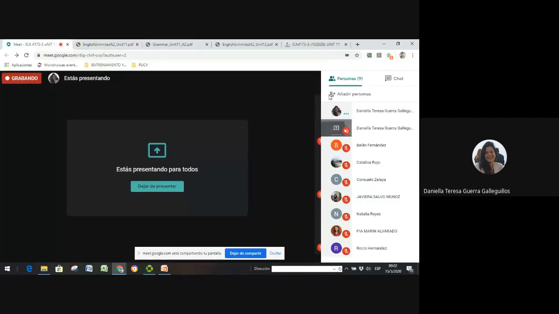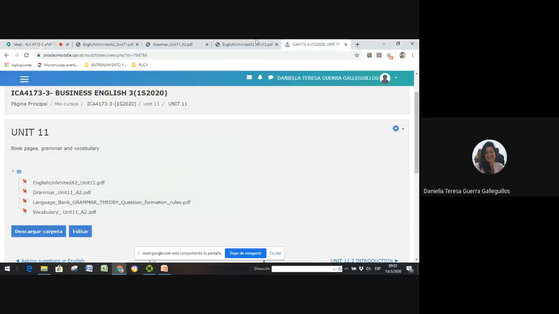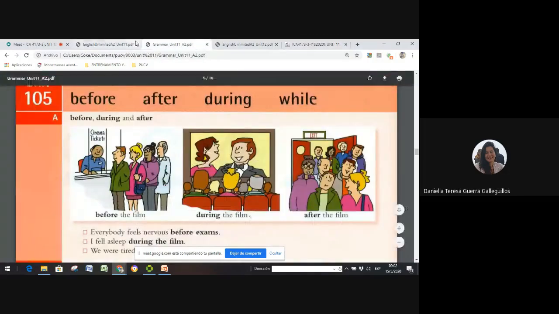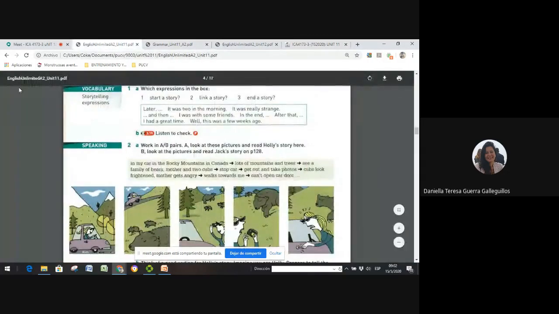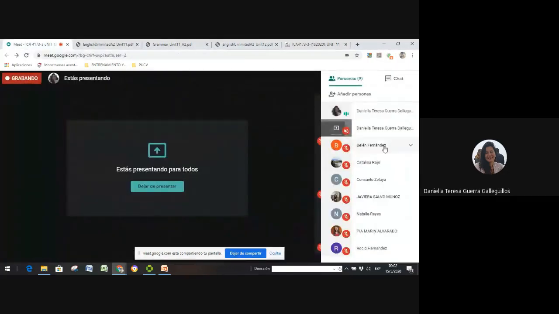¿Ya? So we start with, we have, let me see, how many images? I forgot, it was 4 or 5. 1, 2, 3, 4, 5. So we have picture number 1. Picture 1, Belén and Catalina. Picture 2, Consuelo. Picture 3, Javiera.